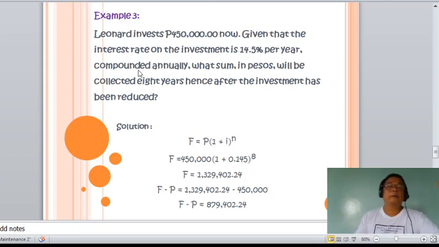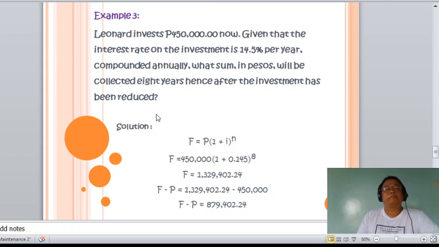Again, the formula is F equals P (1 plus i) raised to n. That F is equal to 450,000, the principal amount, multiplied by (1 plus 14.5%) raised to 8. So the future amount now is 1,329,402.24.